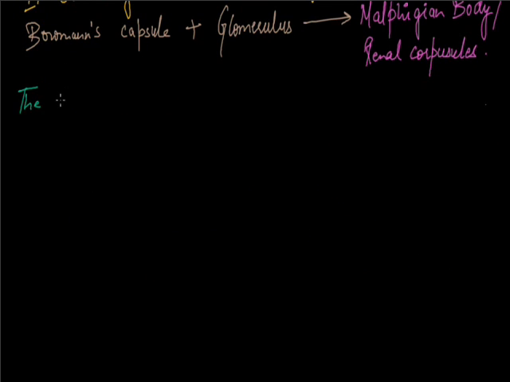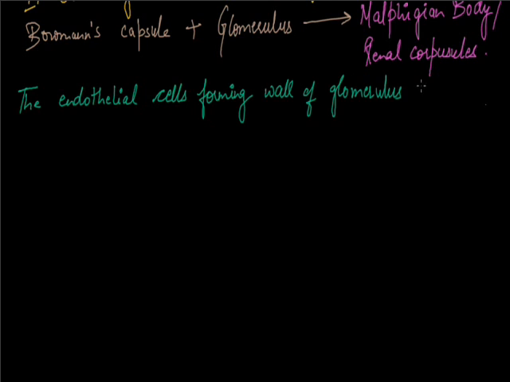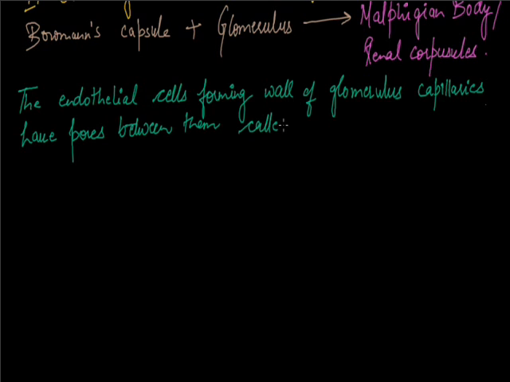Next, the endothelial cells forming walls of glomerulus capillaries have pores between them called fenestrae.